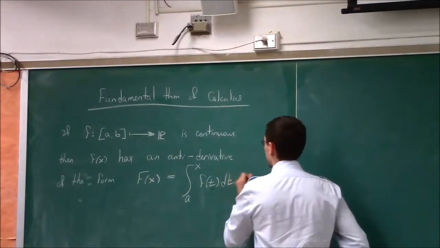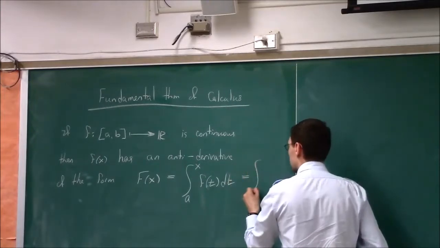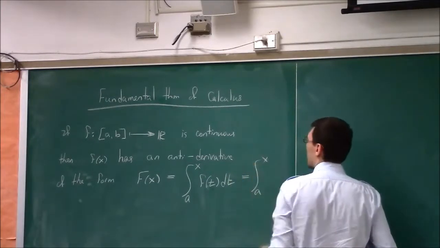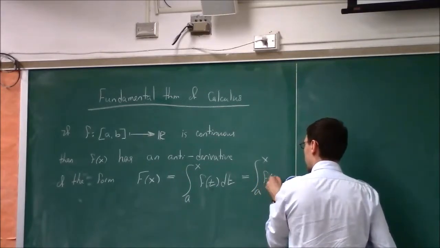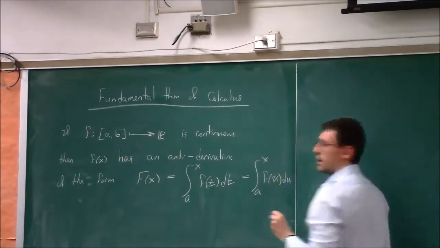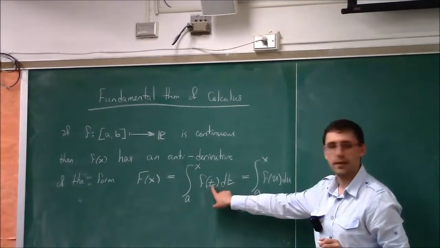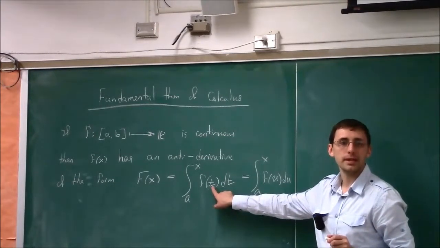You can replace it with pretty much any other letter. So it could have been written as the integral from a to x of f of u du. The only exception is that this variable is not to be x.